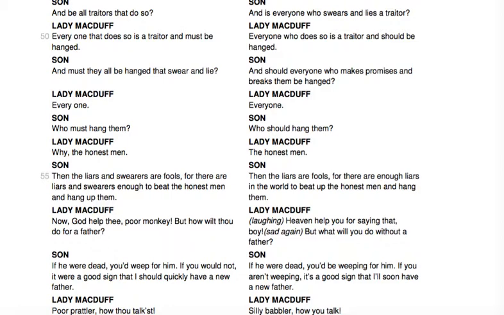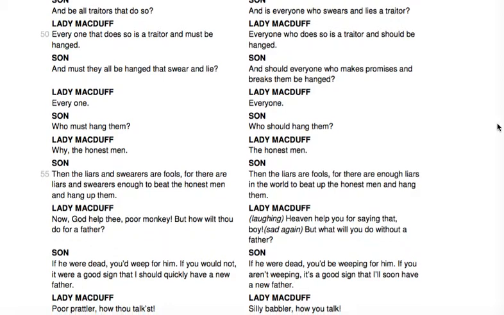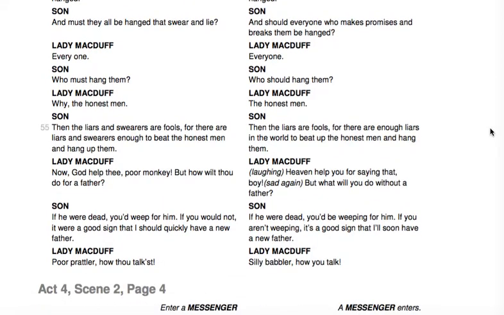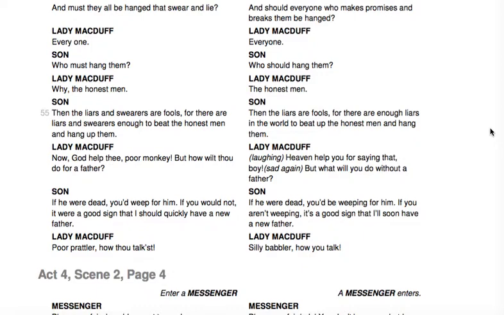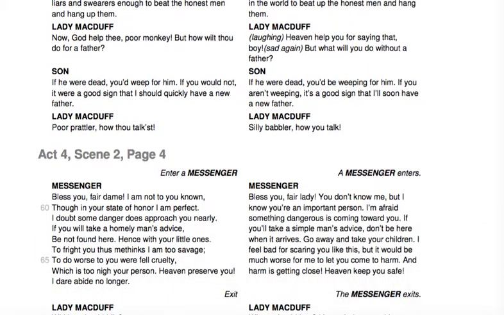Now, God help thee, poor monkey. But how wilt thou do for a father? If he were dead, you'd weep for him. If you would not, it were a good sign that I should quickly have a new father. Poor prattler, how thou talk'st. Bless you, fair dame.